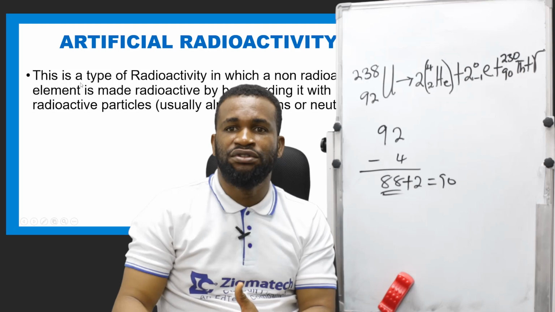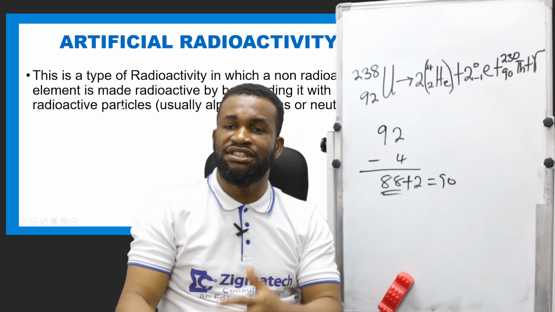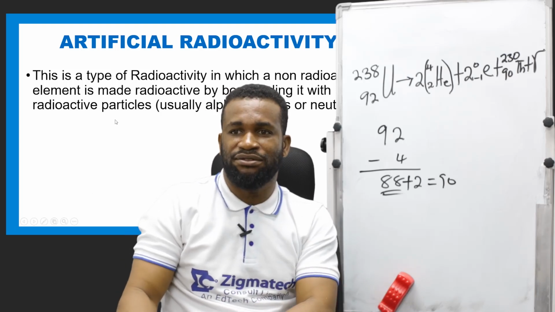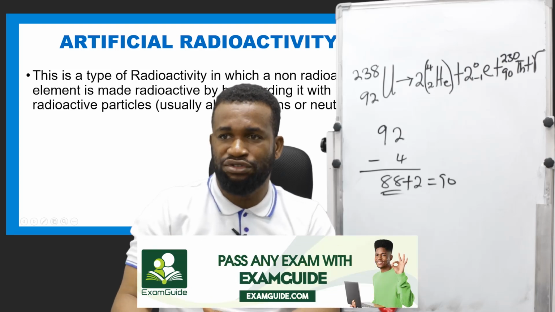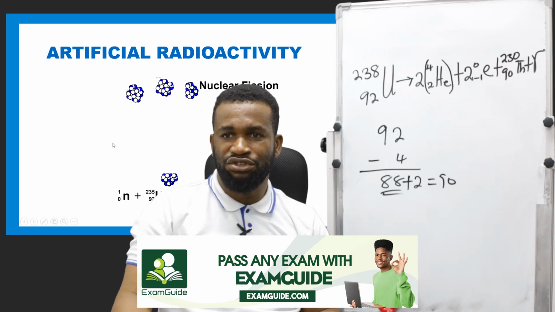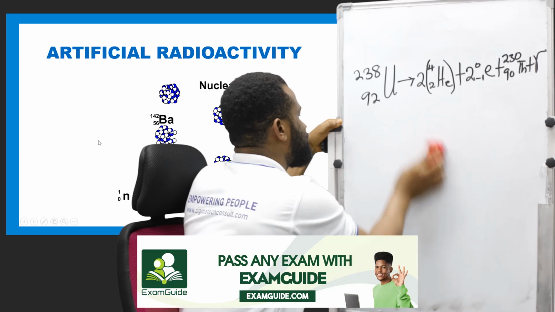Now, artificial radioactivity is when a known non-radioactive element is made radioactive by bombarding it with particles, usually alpha, proton, or neutron. Now look at this. This is that neutron. The neutron, like I was talking about, is given as this.